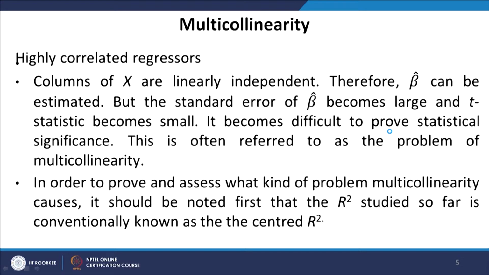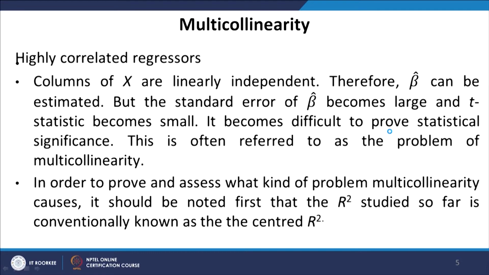So, not perfect multicollinearity, but multicollinearity of some level, which actually implies highly correlated regressors. Columns of X are linearly independent, so it is not a problem for estimation. Therefore, beta hat can be estimated, but the standard error of beta hat becomes large and the t statistic becomes small. It becomes difficult to prove statistical significance. This is often referred to as the problem of multicollinearity.